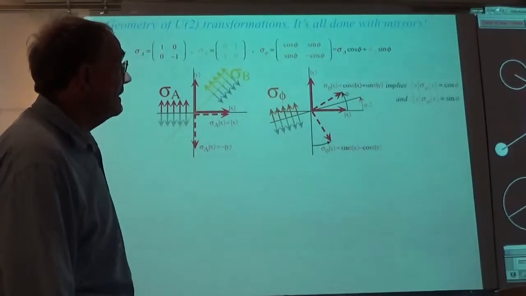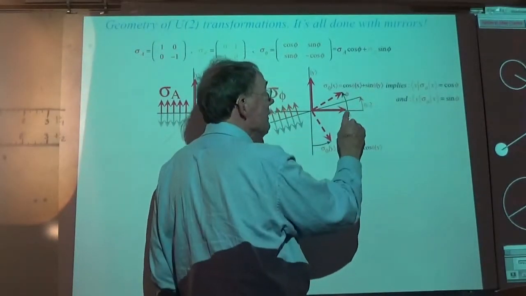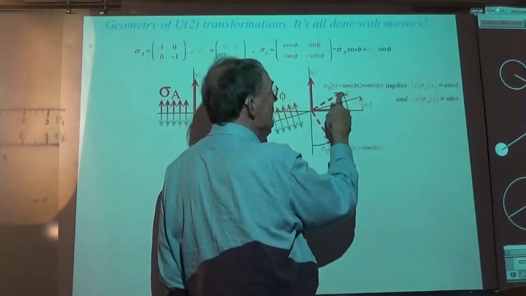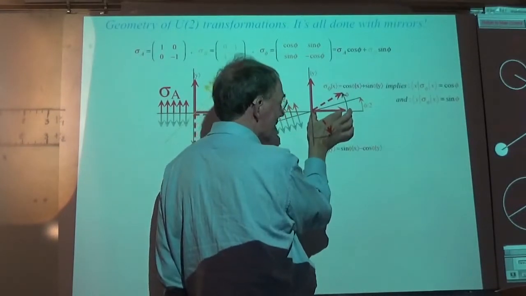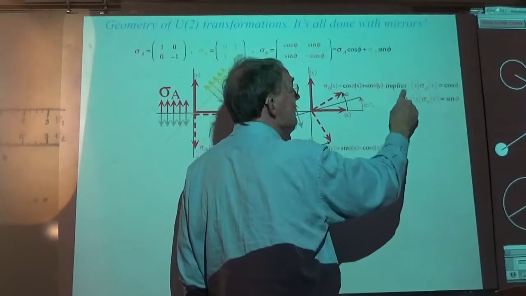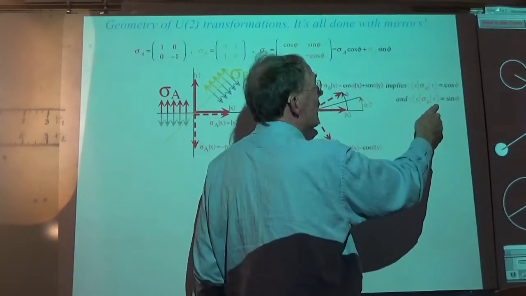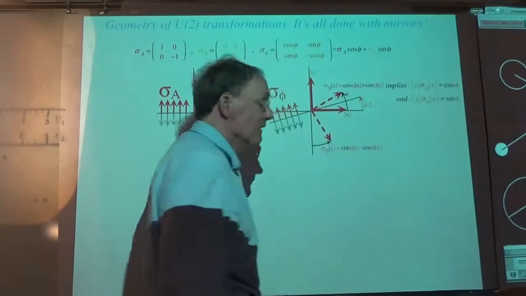Okay? Now, if in fact that's true, and it is indeed what I'm getting here, an x component that is the cosine of phi, and then a y component that is the sine of phi, so that implies that these are the matrix elements in the x column, cosine and sine, okay?